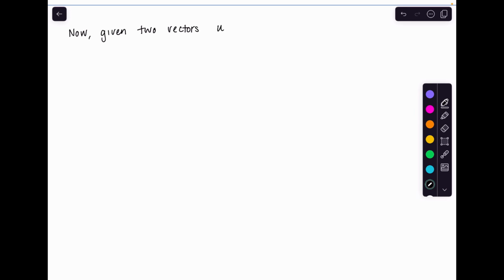Let's call one U, and again, I like to put that little foot on it because it is important, which has starting point or initial point A, terminal point B, and say vector V ends where U left off. So it starts at B, ends at C. Then vector W, which begins at A and ends at C, is just the sum of U and V.